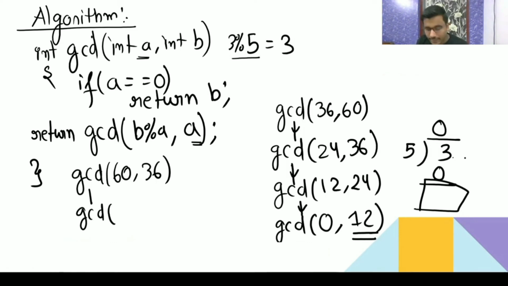You are going to divide 3 by 5, but it will not go, so you are going to get remainder as 3 only.